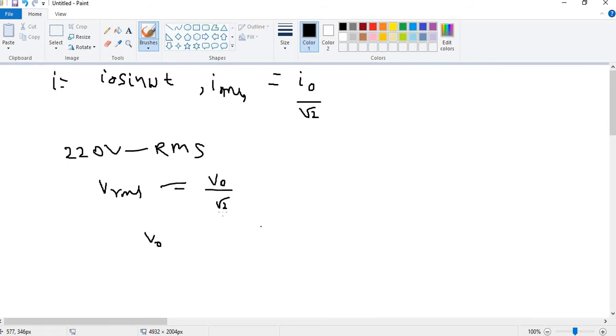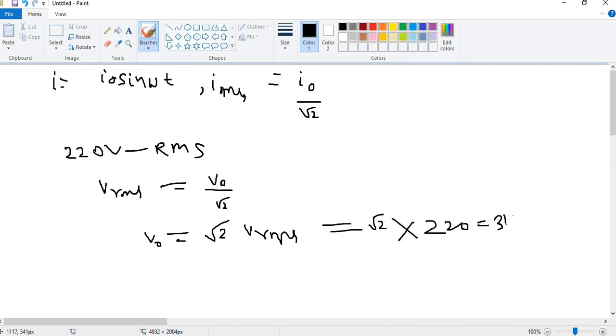We do the cross multiply, so V naught is equal to root 2 VRMS, correct? Now here root 2, and what is the value of VRMS? We already know VRMS is 220 volt. So root 2 into 220 is approximately equal to 311 volt. So this much voltage is coming in our home. Hope this is clear.